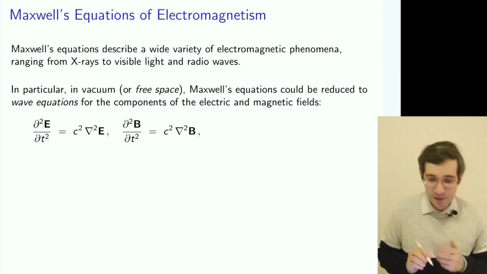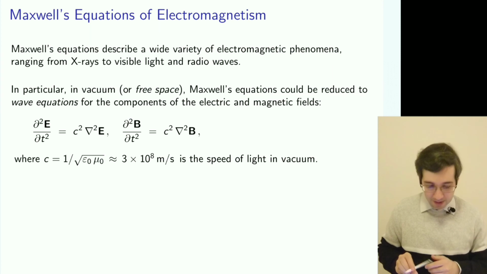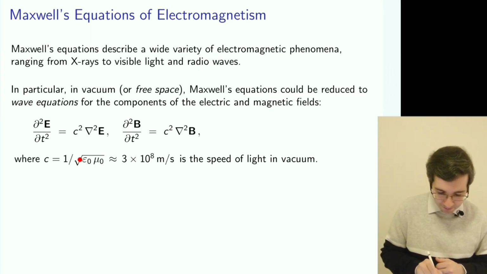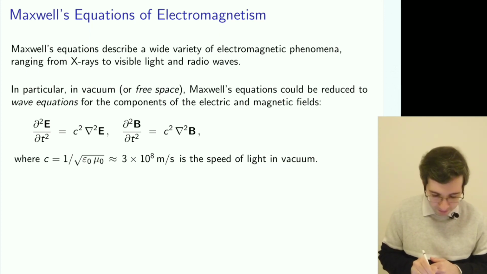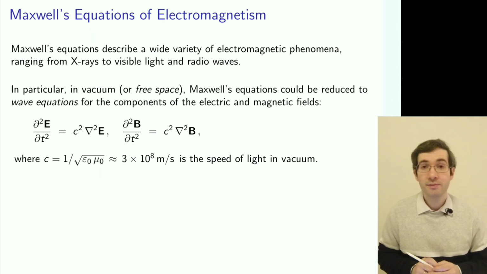And the c here is the speed of the wave. And the speed of the wave here is just 1 over the square root of the product of fundamental constants, the electric constant and the magnetic constant. And this is the speed of light or any electromagnetic wave in vacuum.